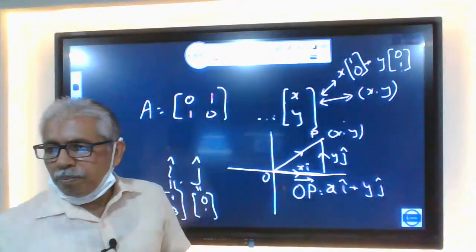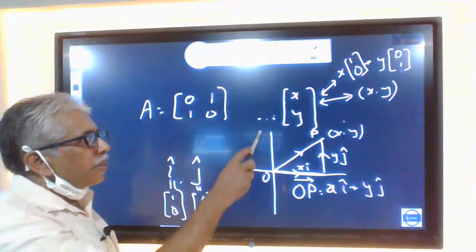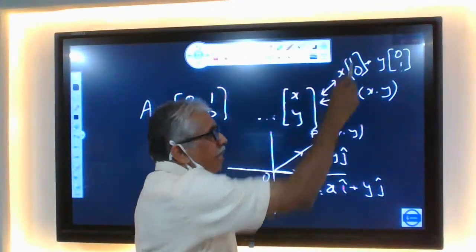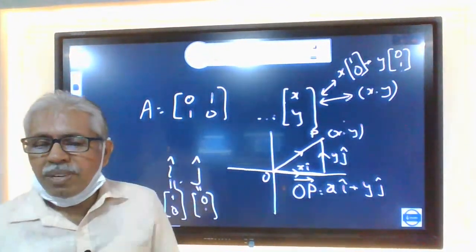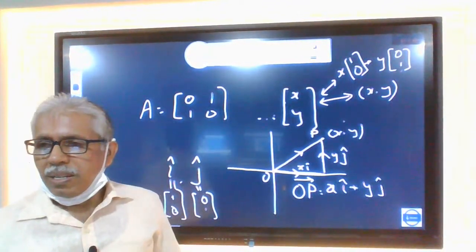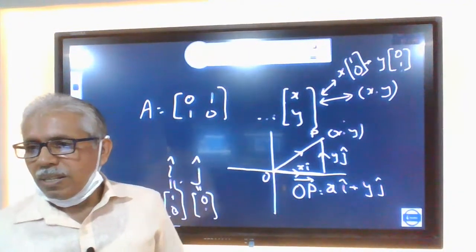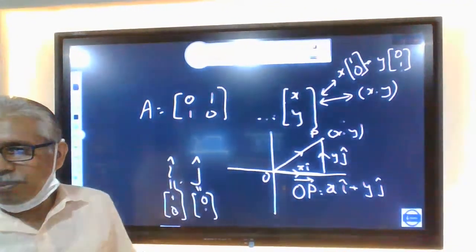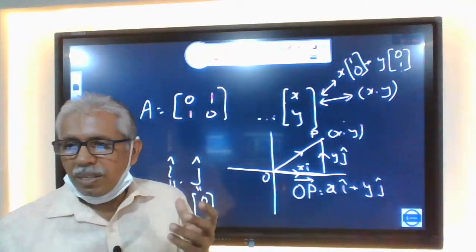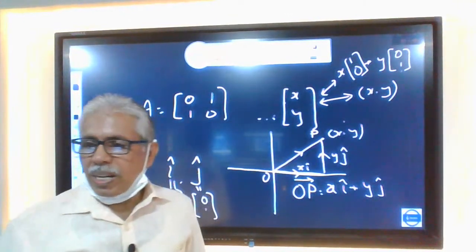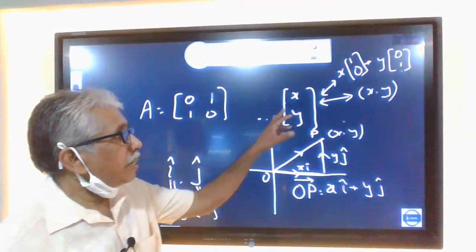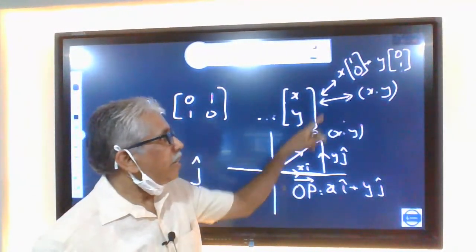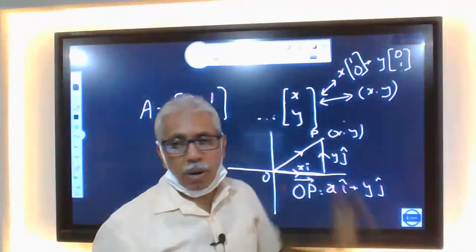These two, 1 0 and 0 1, are two special objects on the real plane, and any point on the real plane can be written in this format.